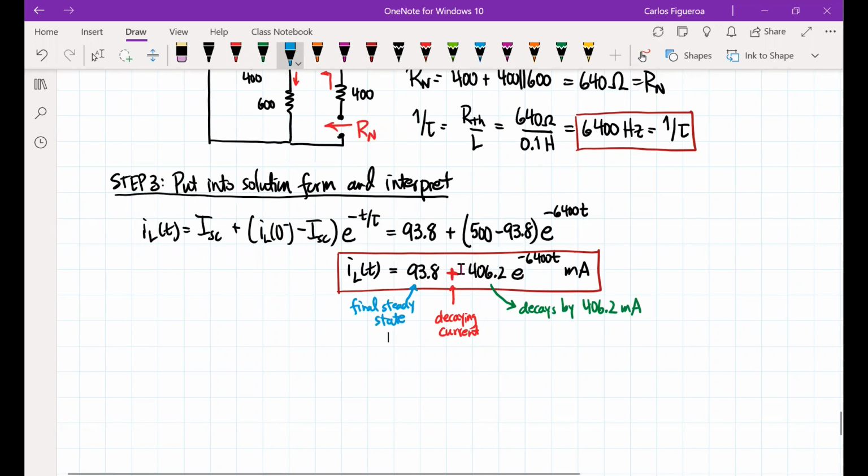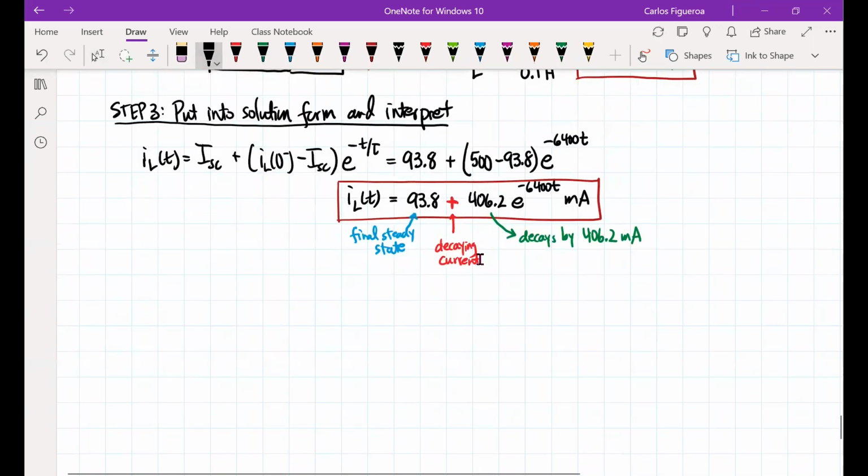So when I look at this thing and if I plot this, what am I actually seeing? Well, I'm going to see something like this. So what I see here is that I have my current coming in, and this is IL of 0, and this guy is 500 milliamps.